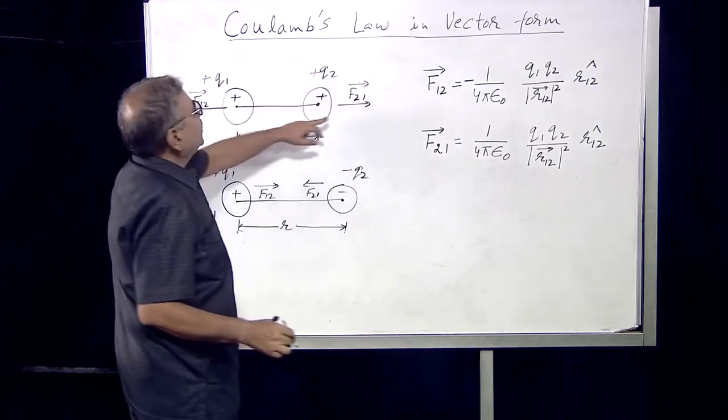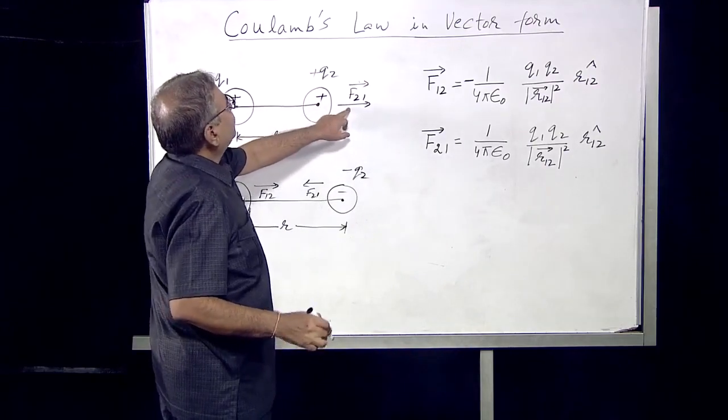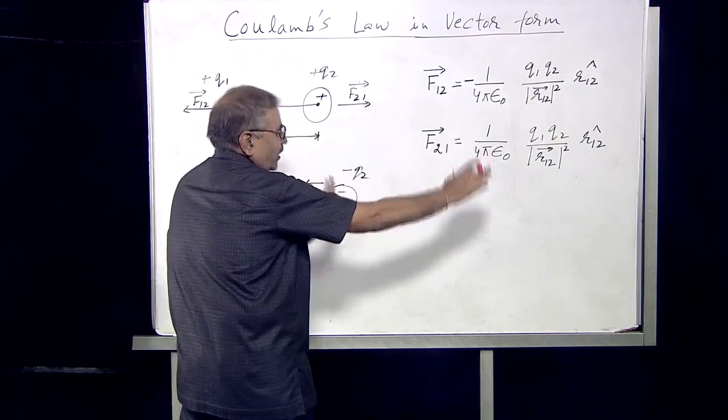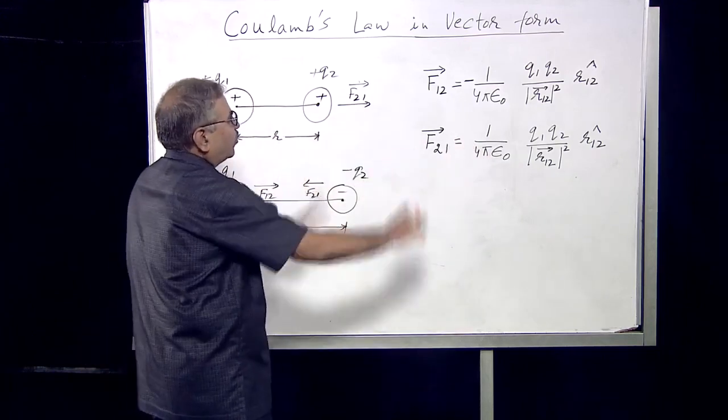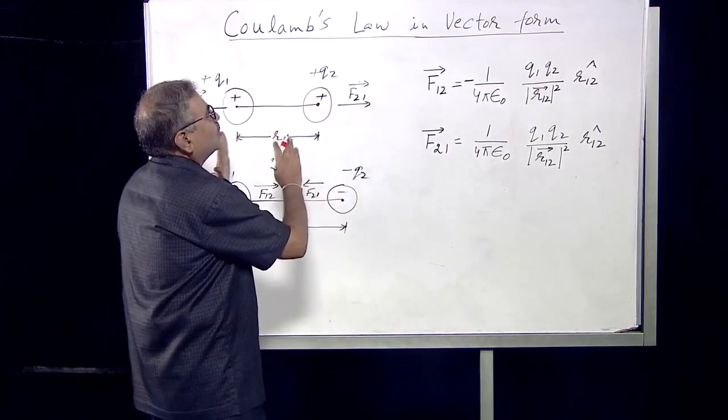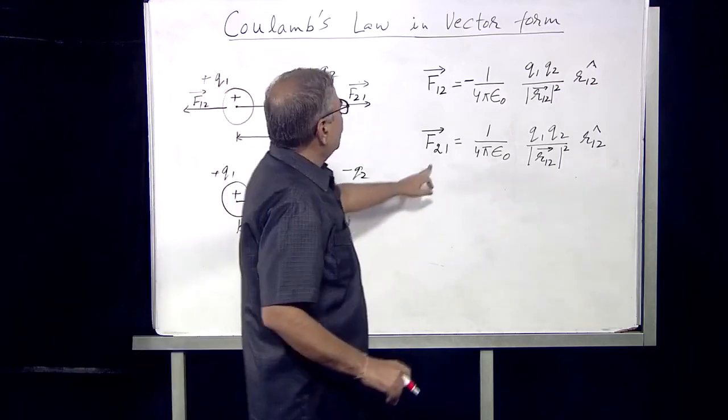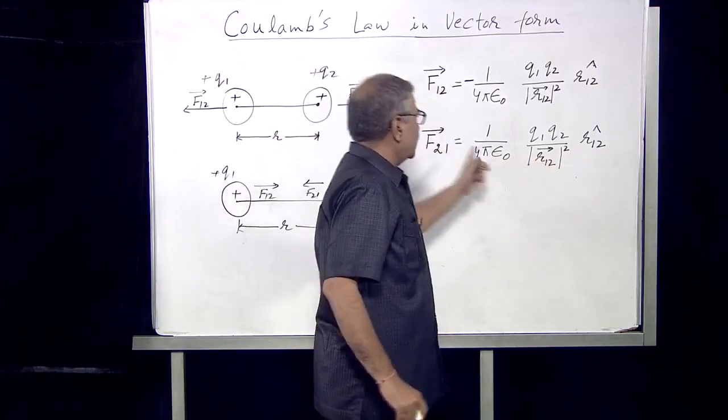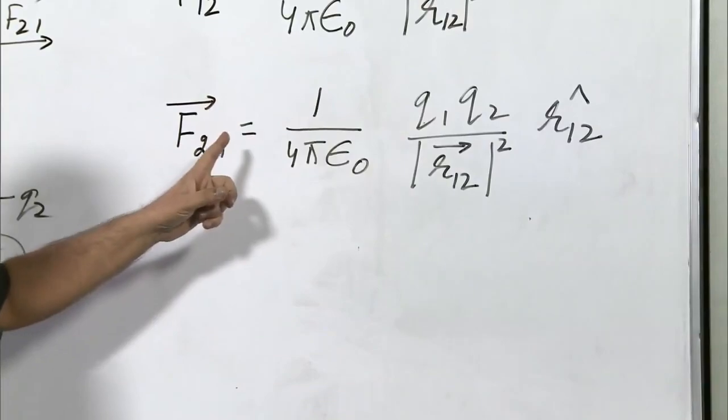Now, you see the direction of F21. F21 is from left to right. It is from left to right, and R12 is also from left to right. So, they are having same direction. So, there is no negative sign.